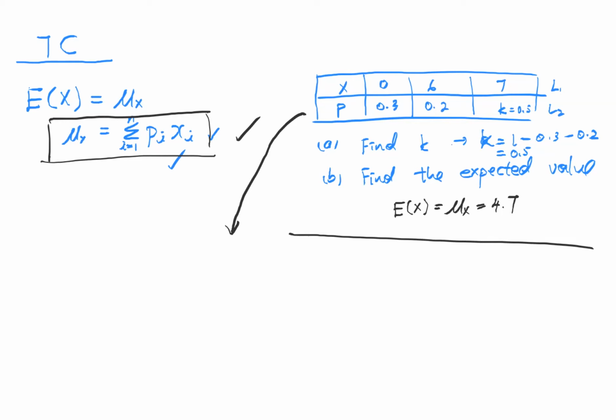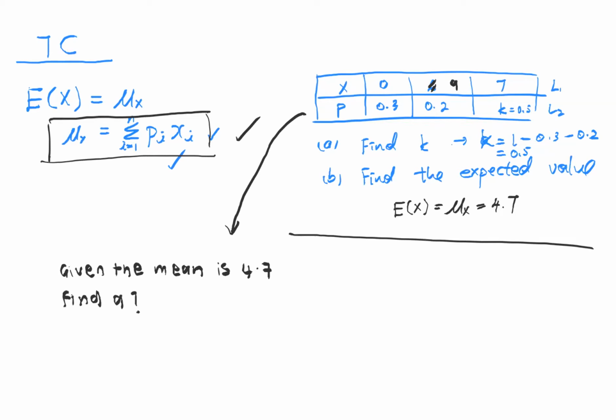Then you change that one to A. Yes, okay, put A. Then, given the mean is 4.7, find A. Okay. You understand?